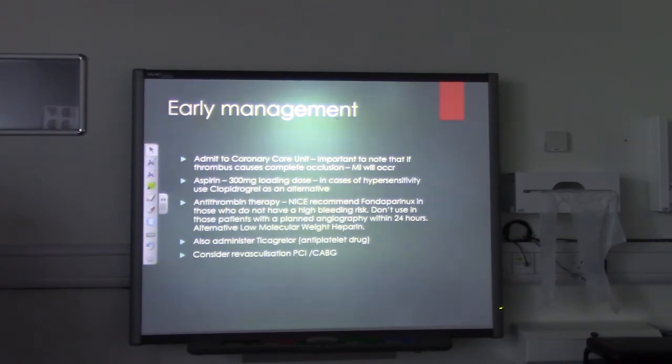As an alternative, we can use low molecular weight heparins such as dalteparin. Also administer ticagrelor, which is another antiplatelet drug, and consider revascularization using percutaneous coronary intervention or coronary artery bypass grafting.